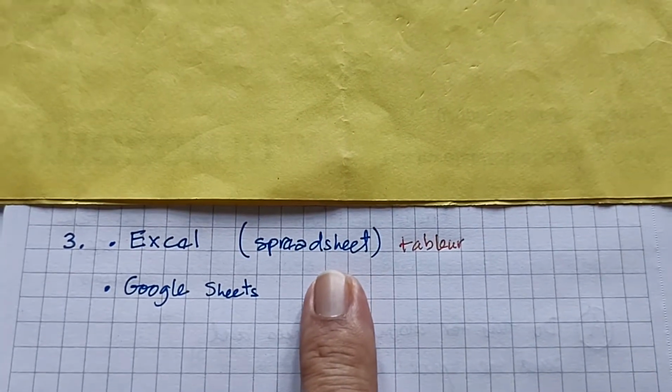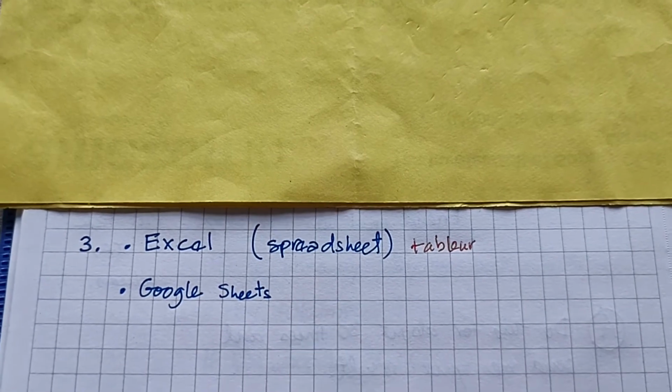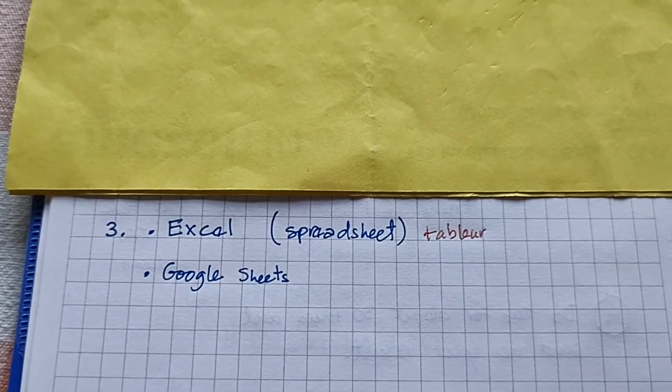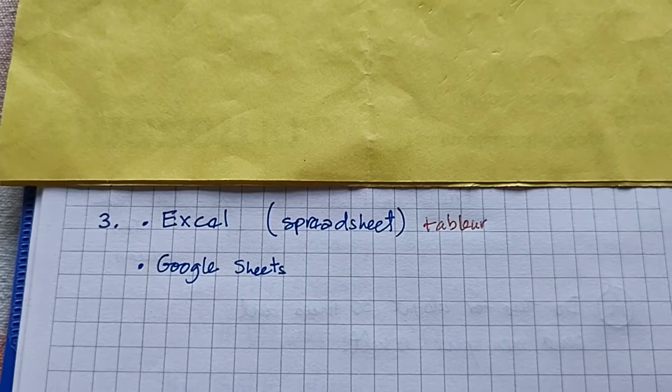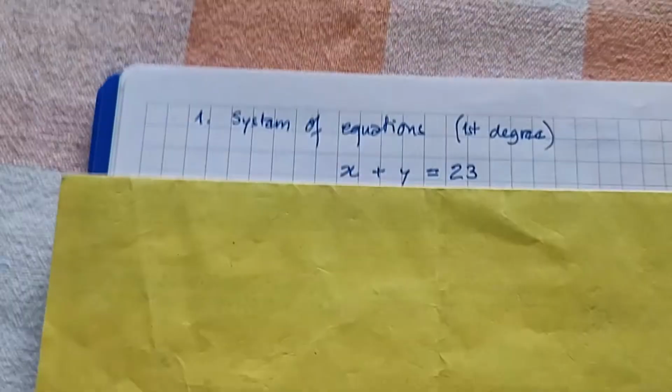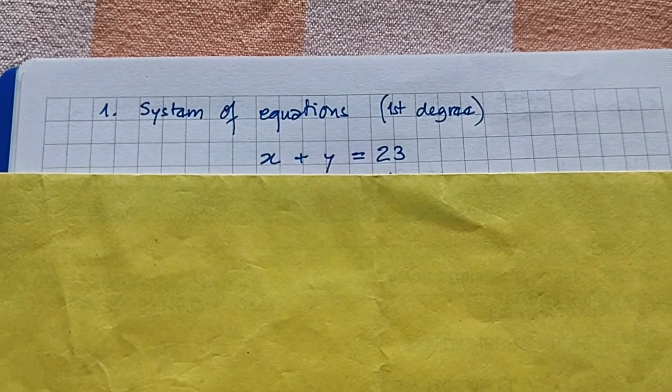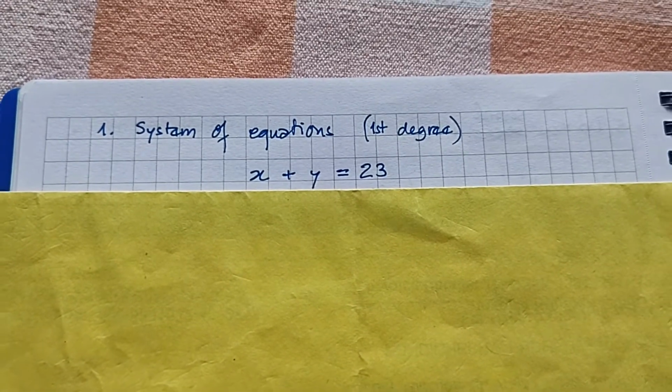You can do engineering, you can solve maths problems and things like that. Okay, so there is no in-video problem for this. I hope to have a video for system of equations in the next 1 or 2 days.